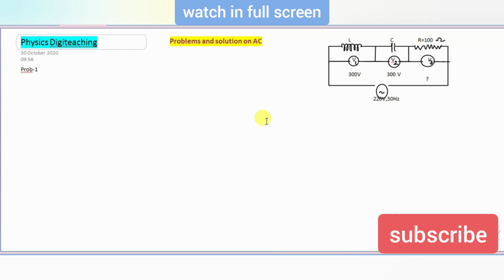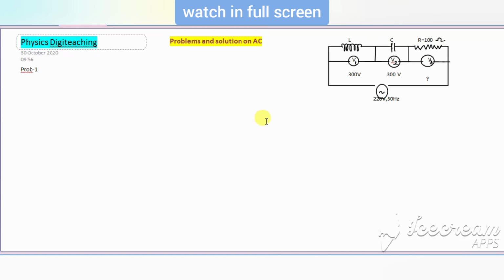Here we see that the voltage across inductor and capacitor are equal. This is the condition of resonance. Therefore the circuit is in resonant condition, so the circuit is purely resistive.